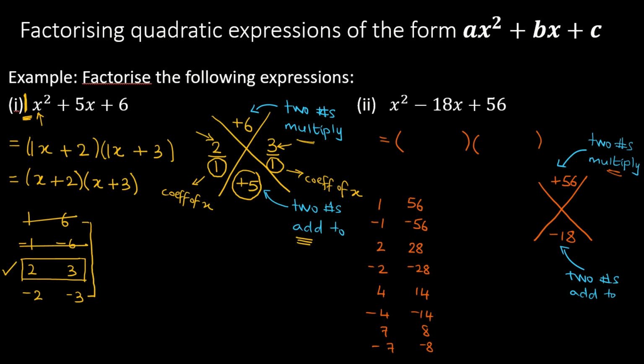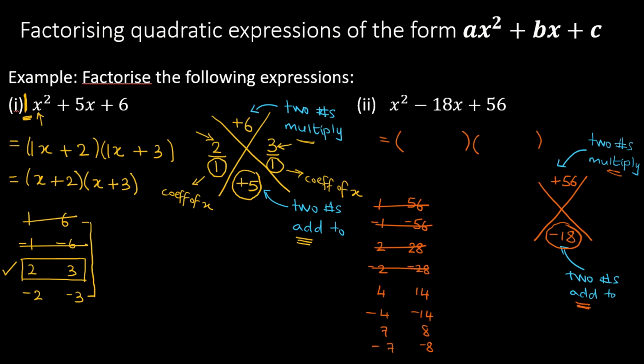From these possibilities, now we have to consider the addition. What are the two numbers which when you add give negative 18? Is it 1 and 56? No. Negative 1, negative 56? No. 2 and 28? No. Negative 2, negative 28?